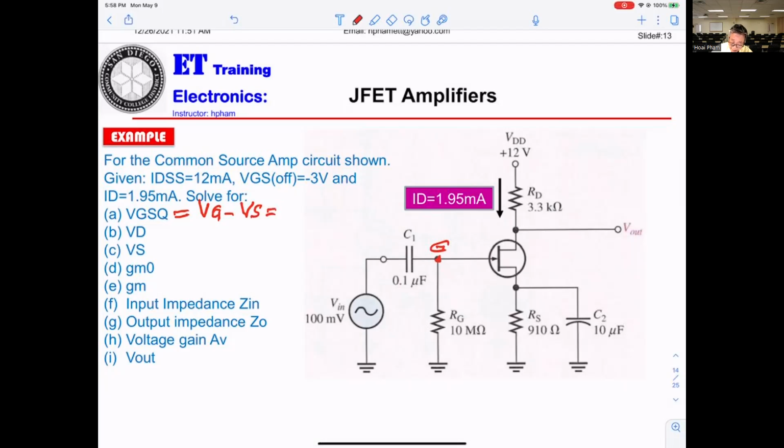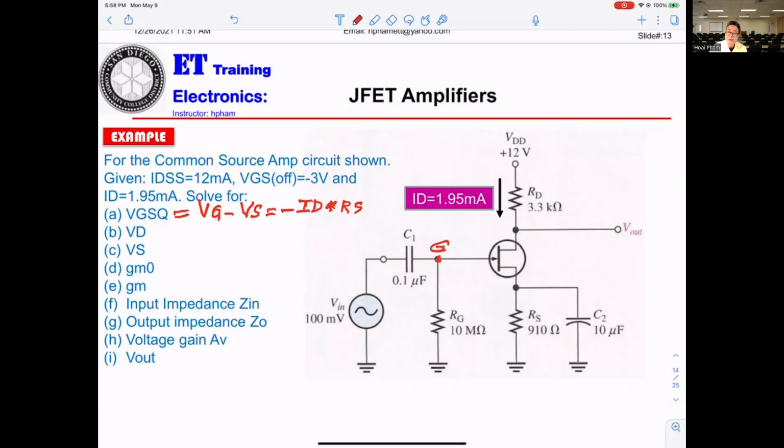VS will be ID times RS. So VGS equals 0 minus ID times RS.